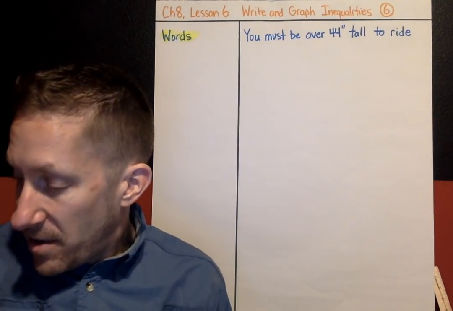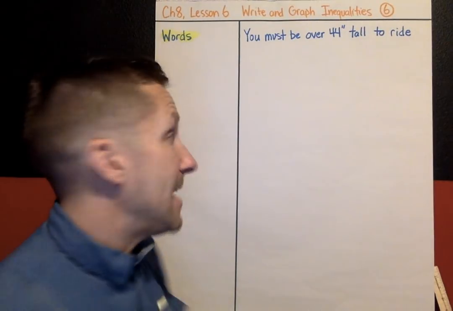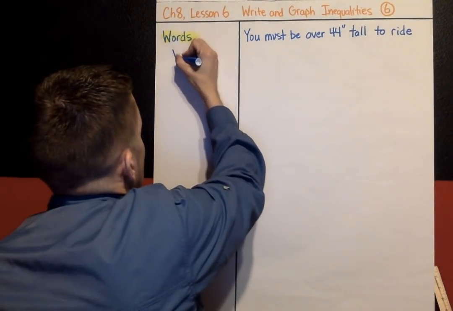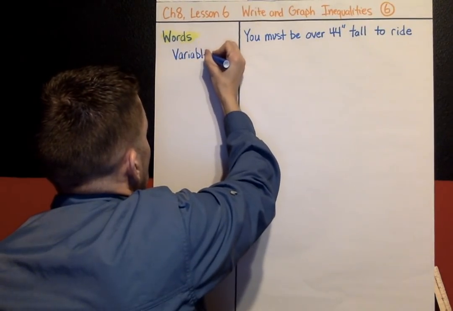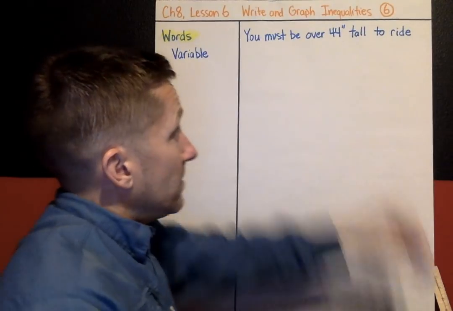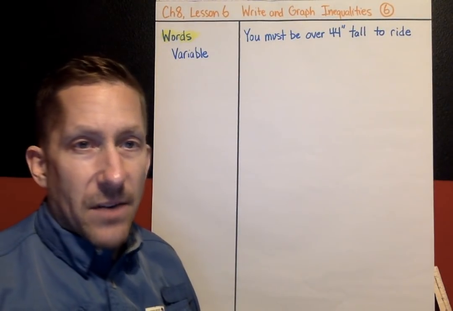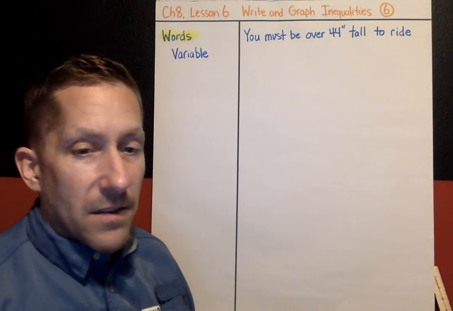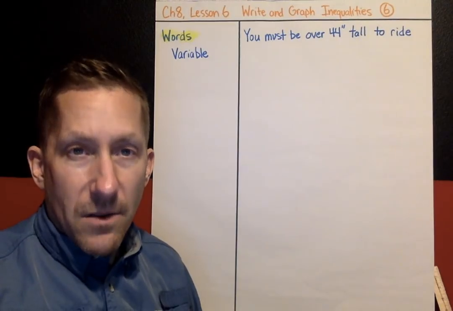So the first thing you're going to do is figure out, well, what is the variable in that inequality? So I'm going to write that next, the variable. So when you read this, what's the variable that you're measuring or that could be changing? Well, you're talking about how tall you are. That's the variable that you're going to pick.